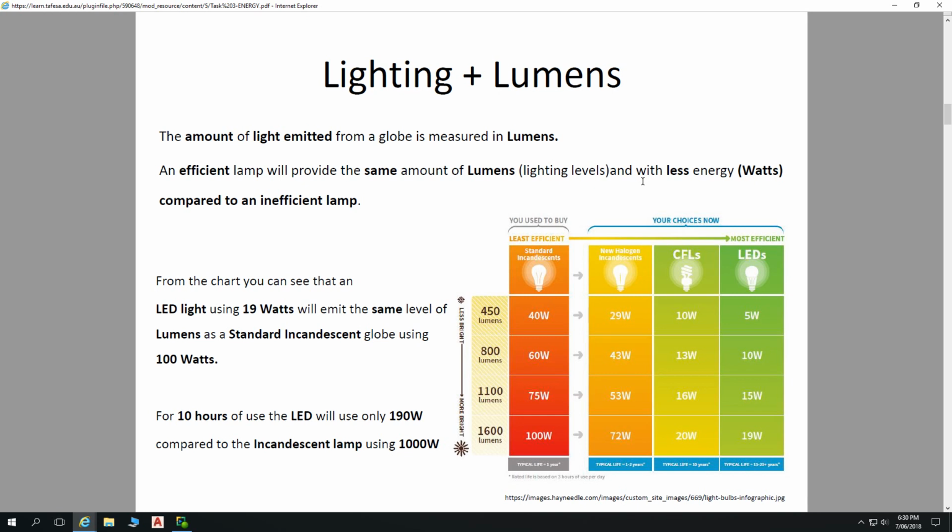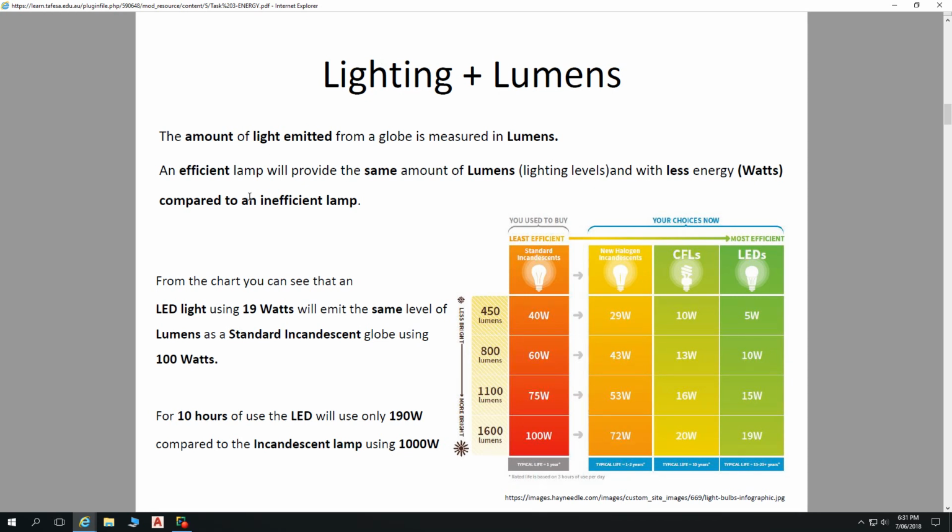Now things have got a little bit more complicated, with a lot of different, more energy efficient light globes that all vary in their lumens per watt output. So now there's a lot more information on your light globes when you go to purchase them from the supermarket, and what you need to look at now is just the amount of lumens you're wanting out of your light fittings.